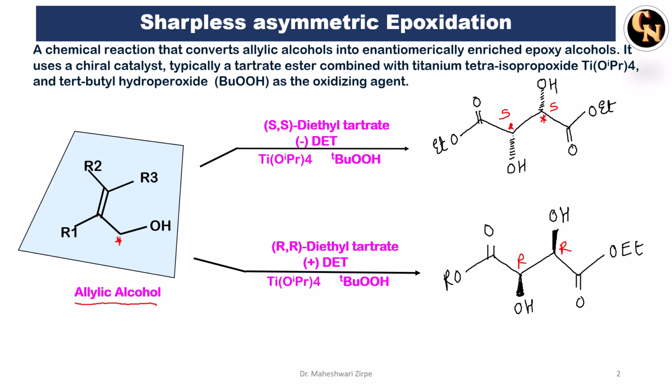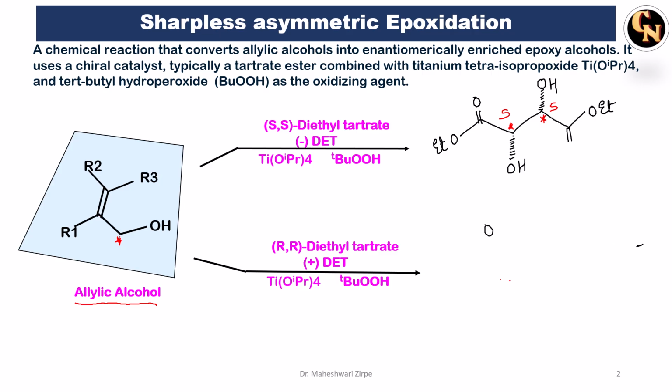Now RR diethyl tartrate can be denoted as plus DET. Okay, now how these catalysts are going to play a role for the stereochemistry of the product, let us see. So let's see, I'll just remove this catalyst and we'll see the products.